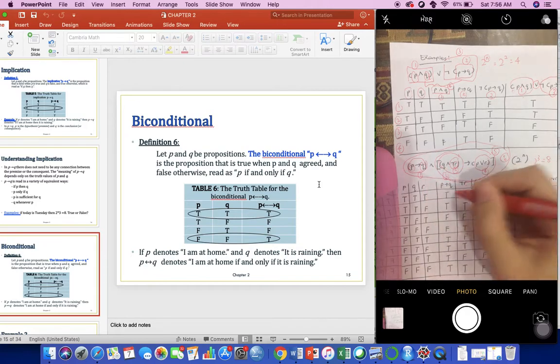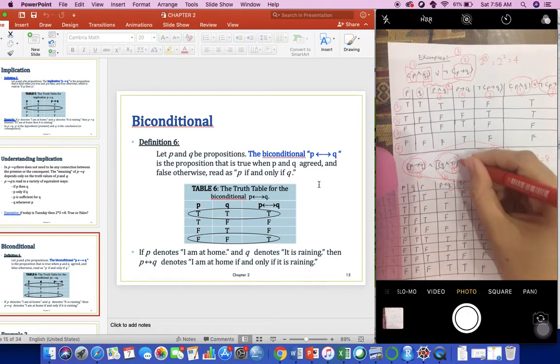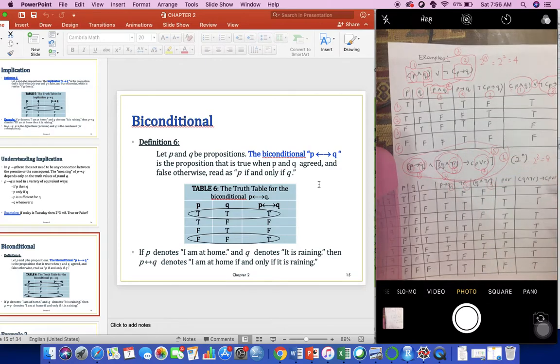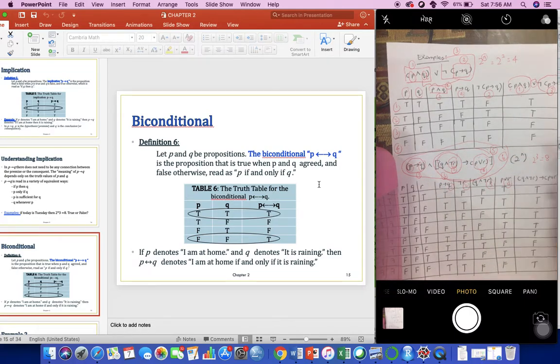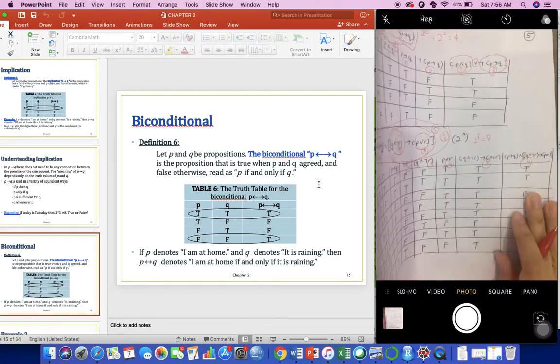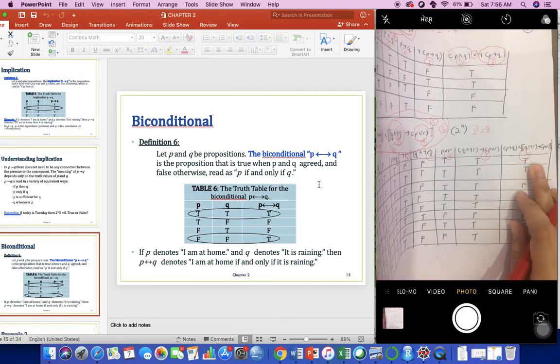Okay, the first one is here. The second one. The third one. The fourth one. The fifth one. And the last one is the sixth one. Alright.